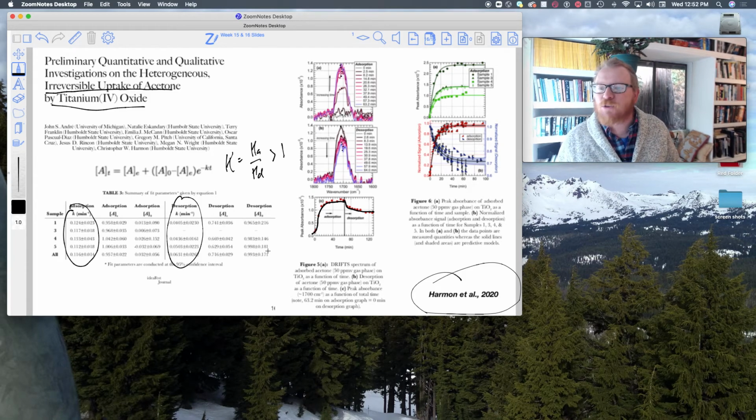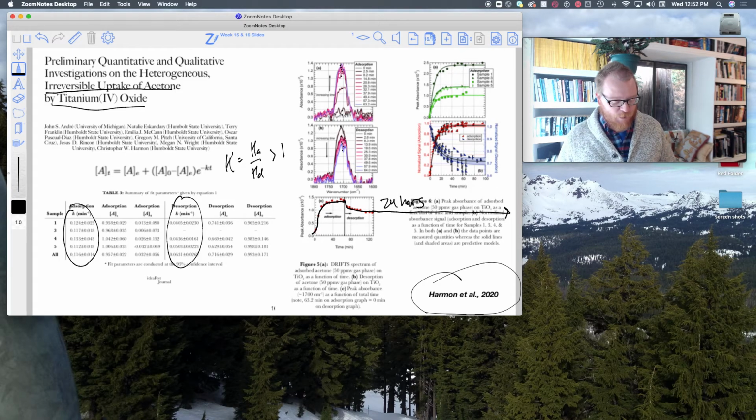So it seems reasonable to us that this acetone is being chemisorbed to the surface. And also, we've kept this system running for 24 hours. So this only shows you like 60 minutes. We've kept this thing running and running and running for like a full 24 hours. And that acetone goes nowhere.